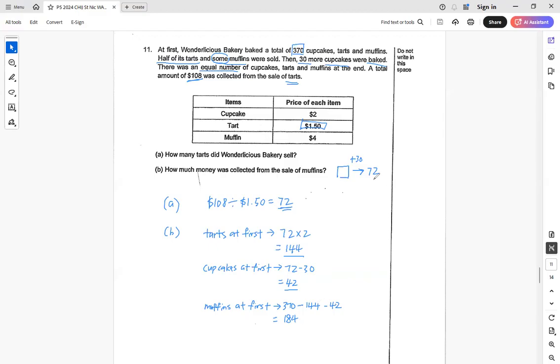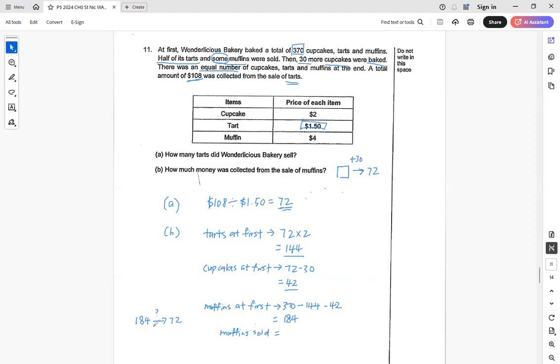In the end, there was 72 because remember, in the end, all were the same number. So muffins sold must be, this one I can show you. At first is 184. I don't know how many were sold. And then in the end, it's 72, right?